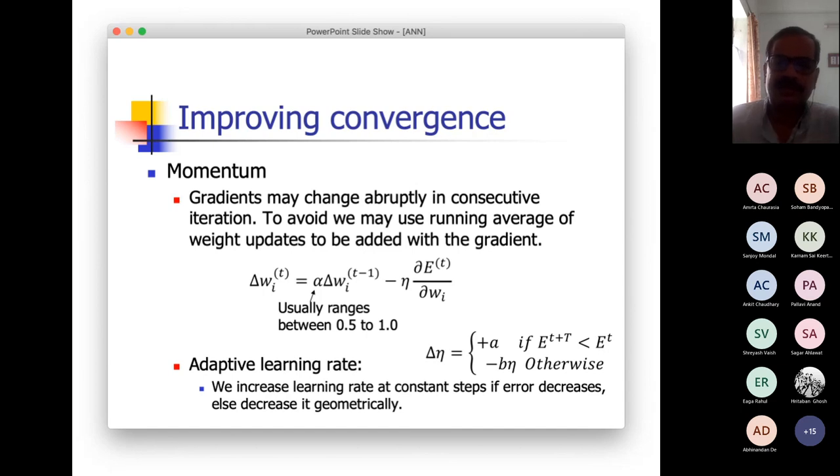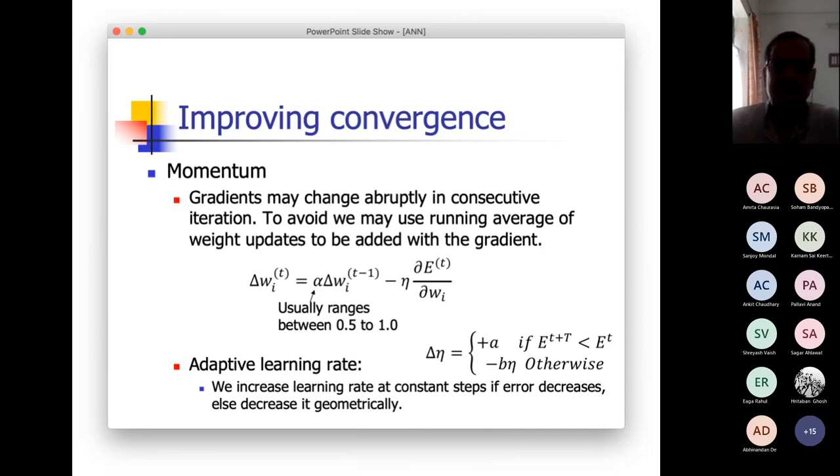So instead of using simply the gradient values, you can use a running average of the previous gradient value and the new value. You consider this parameter as a momentum parameter, and use it.